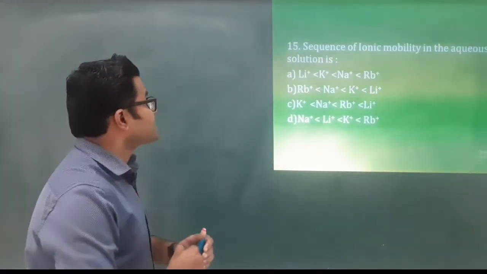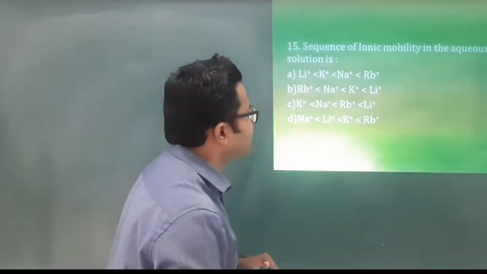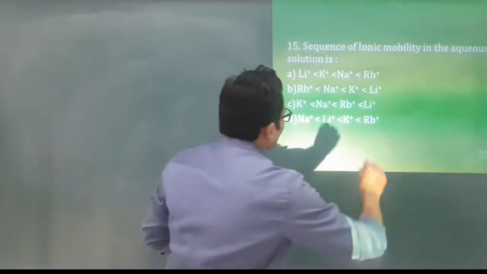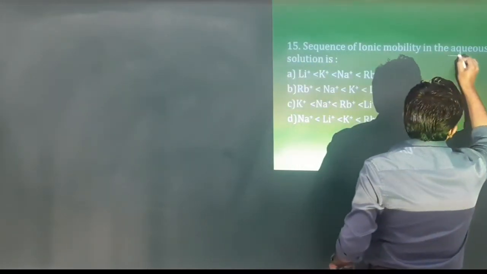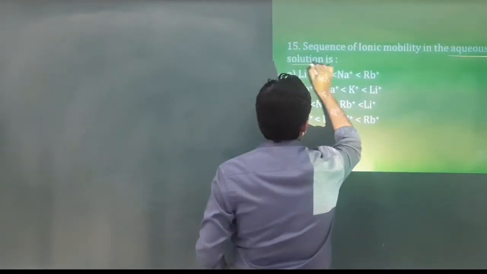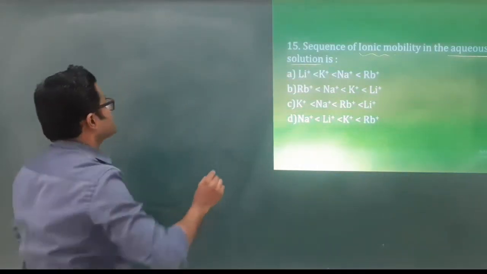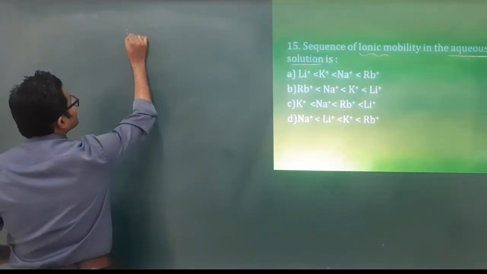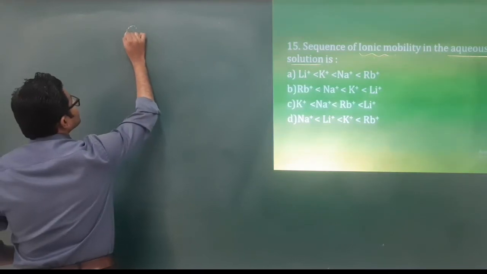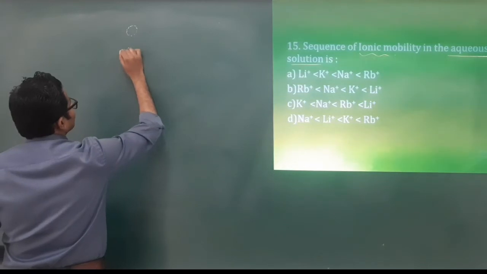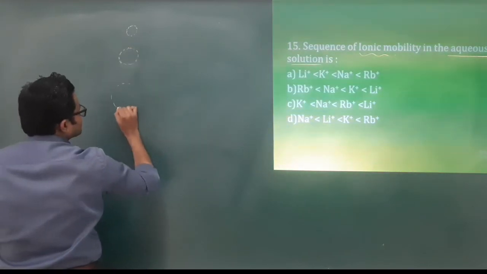Question number 15. The sequence of ionic mobility in aqueous solution is. Now observe here, they are speaking about ionic mobility in aqueous solution. Ionic mobility, in a sense, is how well your ions move. Let's consider this as one ion, this is the second ion, and the third ion.